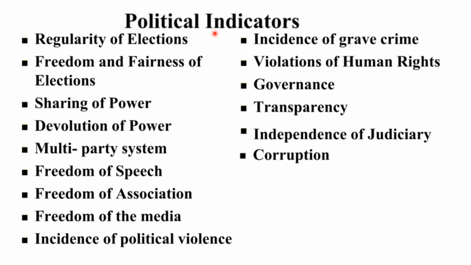Then freedom and fairness of elections, sharing of power, devolution of power, multi-party system, freedom of speech, freedom of association, freedom of media, incidents of political violence, incidences of grave crime, violation of human rights, governance, transparency, independence of judiciary, corruption. Why are these political indicators important?